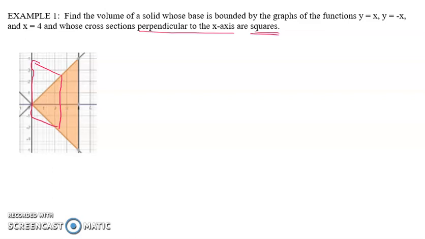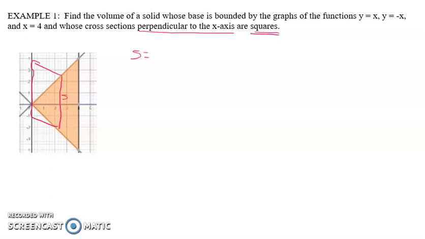Okay, so what we need, we're going to say that the length of the side of the square is going to be from here to here. Well, we can represent the length of S the same way that we've been representing the length of our radius when we've been revolving around an axis. This is always going to be top minus bottom or right minus left, depending on which way we're doing.